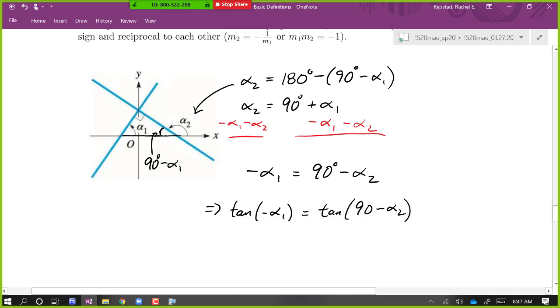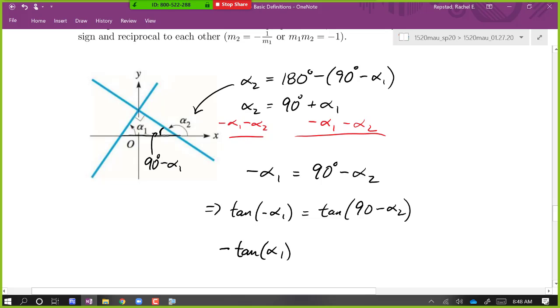Right about now, we should be getting the sense that we're going to make our way to slope pretty soon, because now we've got tangent of some inclination angles. We're going to have to remember a few facts from trigonometry. One fact that will help us rewrite the left side is that tangent is what we call an odd function. Odd means it has symmetry about the origin, or algebraically, tangent of the negative of an angle is equal to the negative of tan of that angle.